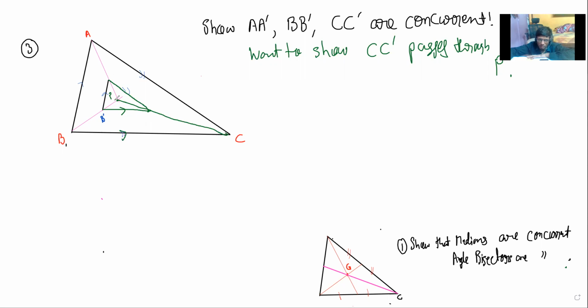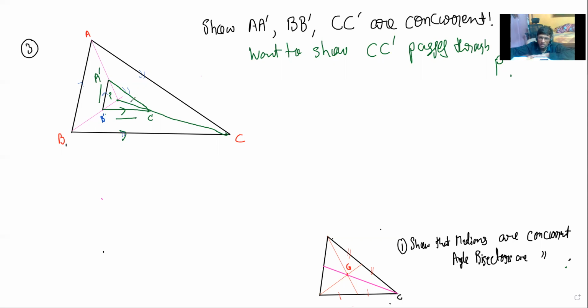They're just ratios. So I'm drawing this line B prime C prime parallel to BC. Then you look at the third one, A prime C prime, that will also be parallel. So now we know that if I join the line from P to C, and two of the sides are parallel, then the third is also parallel.